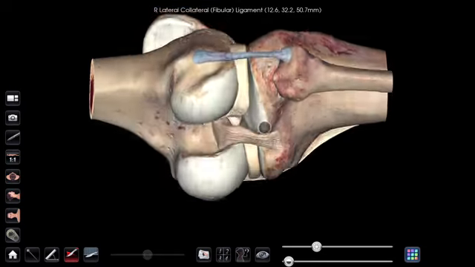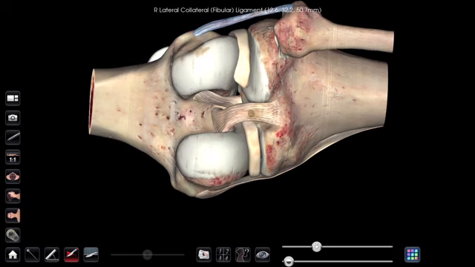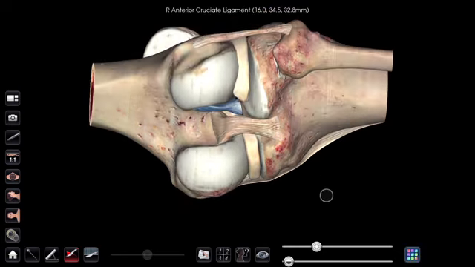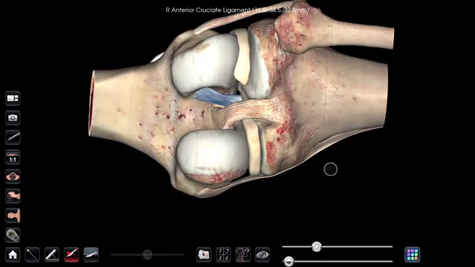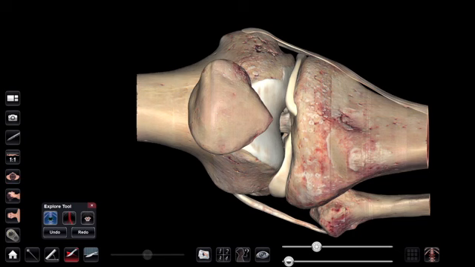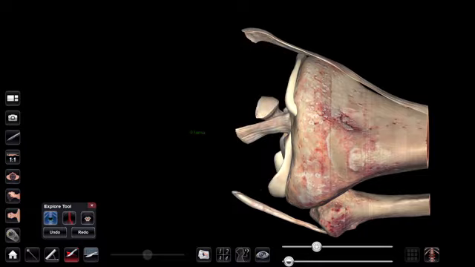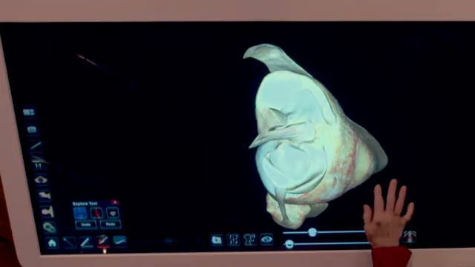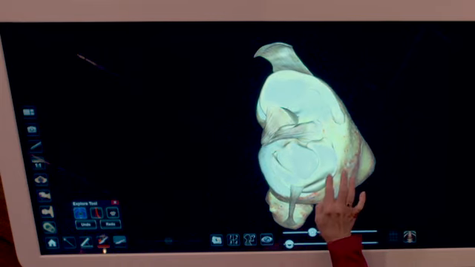And if we go posteriorly, we can see the posterior cruciate ligament as well as the anterior cruciate ligament. Now, let's remove the patella and the femur and tilt up so we can get a look at the menisci.